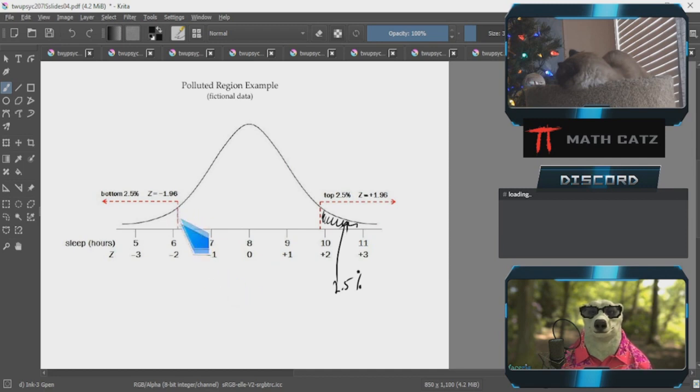So those are the cutoffs. We don't necessarily need to know what the sleep hours those convert to. If we now observe an amount of sleep that is past these extreme cutoffs, we consider that so rare, we wouldn't get that just testing a random person. There has to be something going on here.